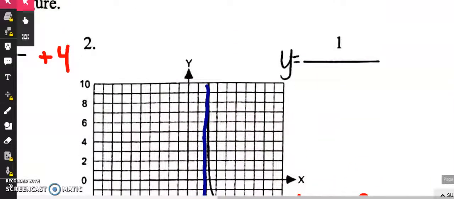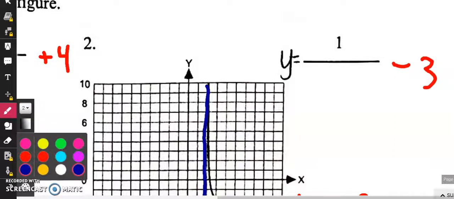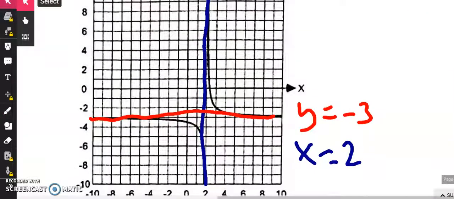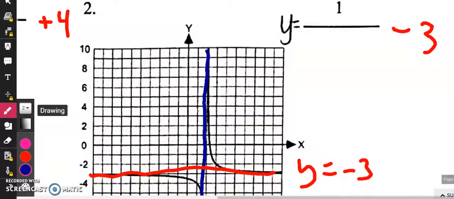So in my equation, the graph was shifted down 3, and my vertical asymptote lines up with positive 2. So I need to bring that to 0 with an x minus 2.